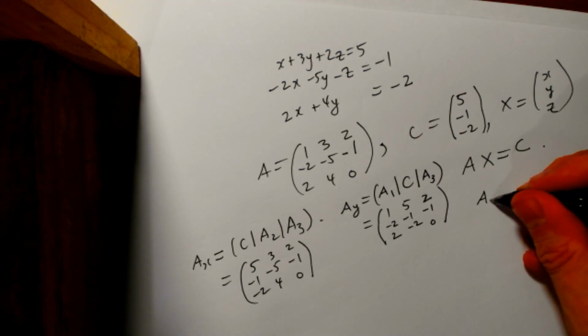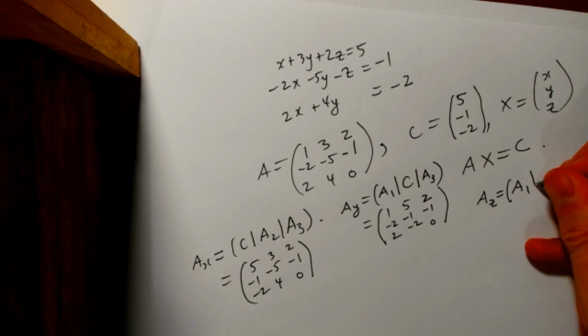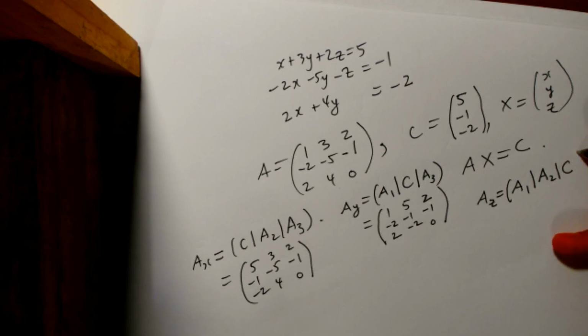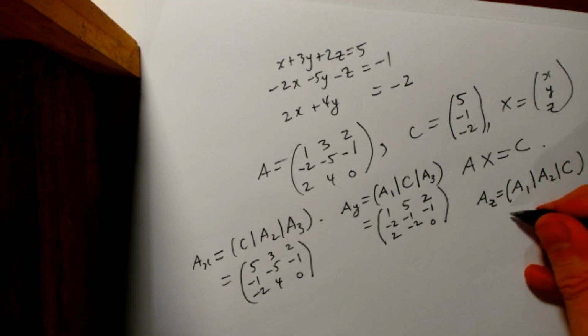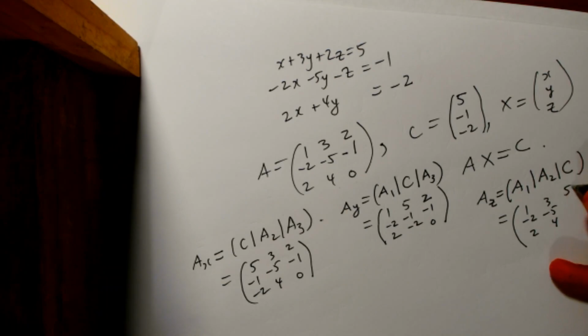A_z equals A1 concatenated with A2 concatenated with C. So this is the matrix 1, minus 2, 2, 3, minus 5, 4, and then we put C here, so 5, minus 1, minus 2.